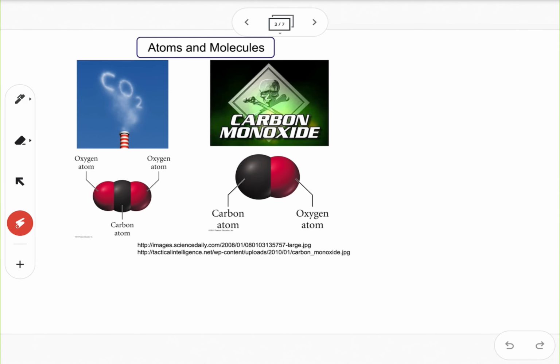Actually, every year there are a couple of carbon monoxide poisoning cases in the U.S. But anyway, you can see that different molecules will have different chemical properties, even if they have the same types of elements or atoms. So our focus in chemistry is to explain why those molecules have different properties.